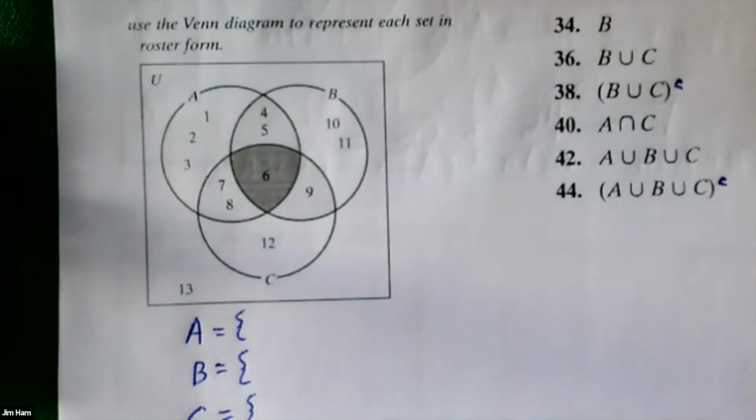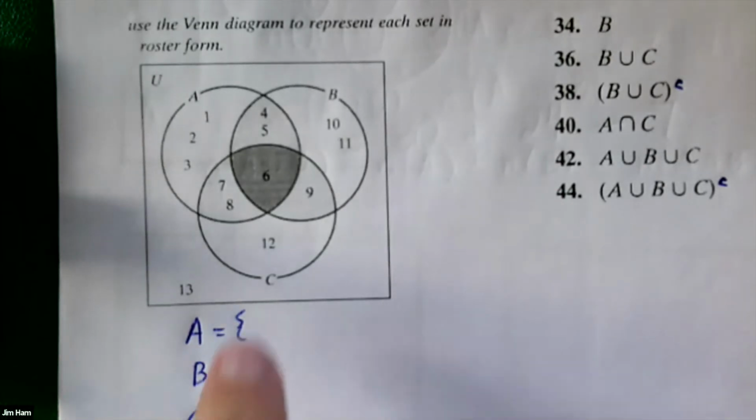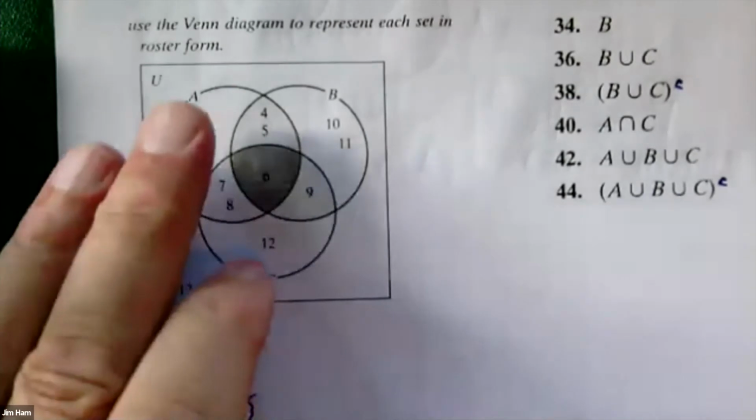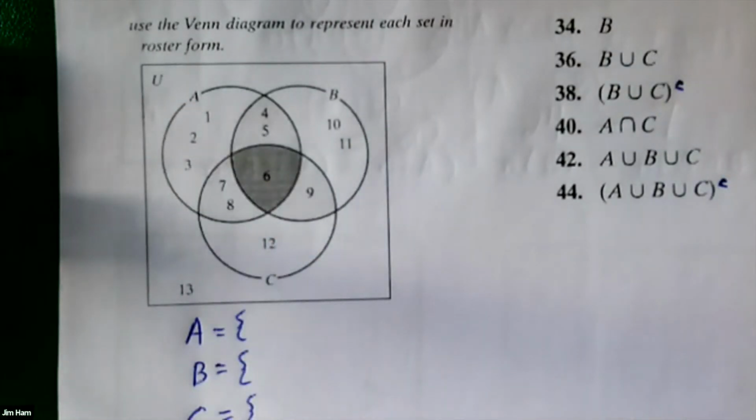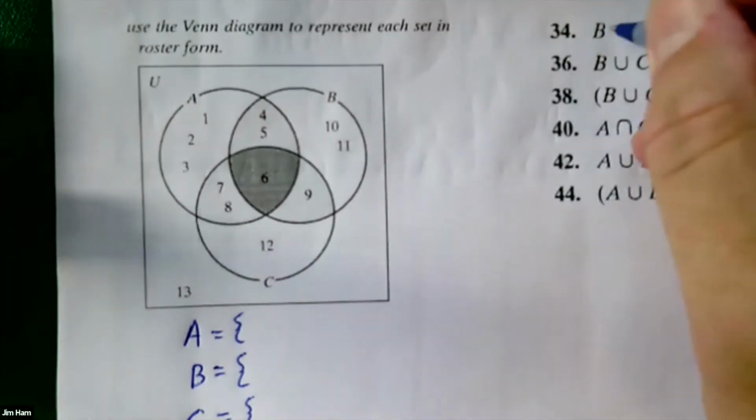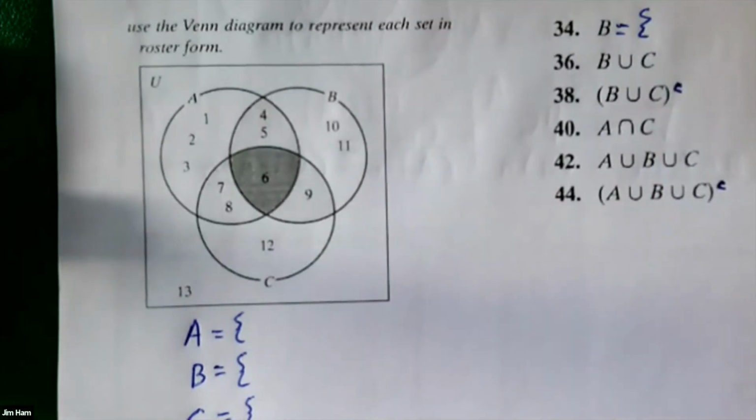be able to read from the Venn diagram, as well as, if it's easier for you, you can actually write out the elements in each of the sets. Now, for example, I wouldn't necessarily write this out. I would just say, for 34, they want me to list all of the elements of the set B. So that would be all of the elements inside the B circle.